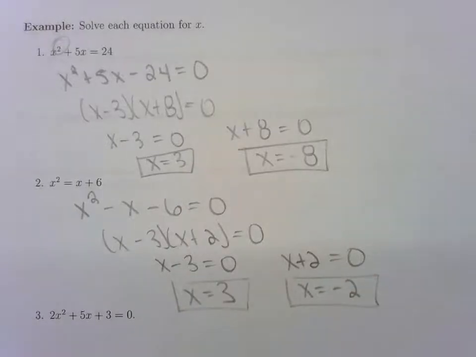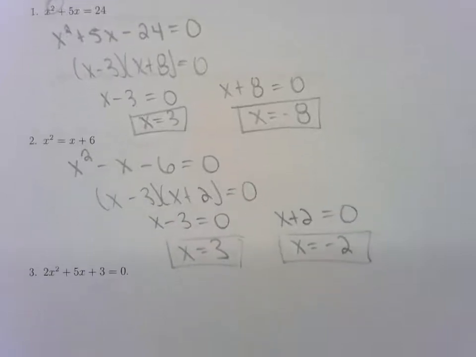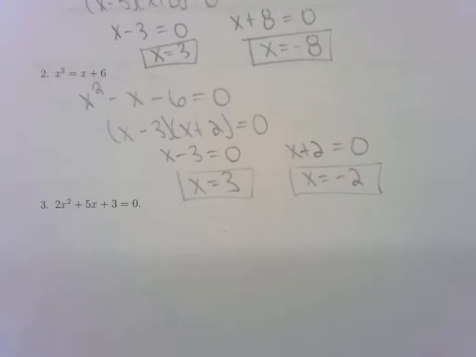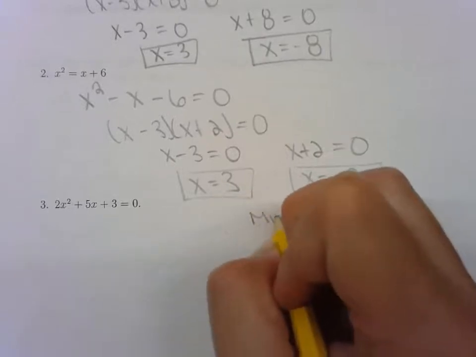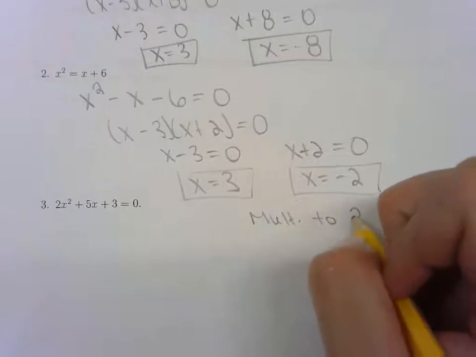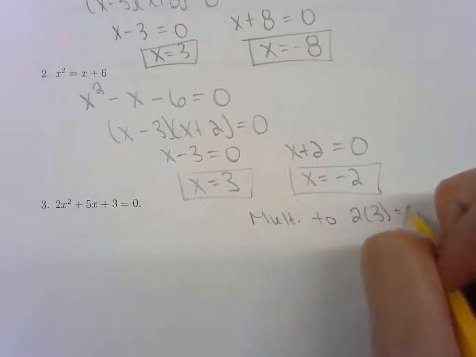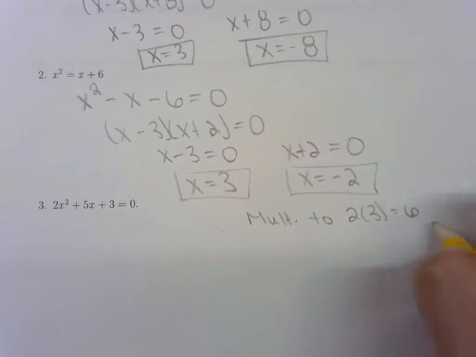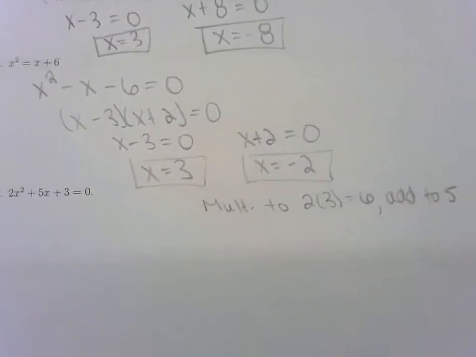And then the last one we have 2x squared plus 5x plus 3 equals 0. This one's the harder case. We're looking for two numbers that multiply to 2 times 3, which is 6, and add to 5.